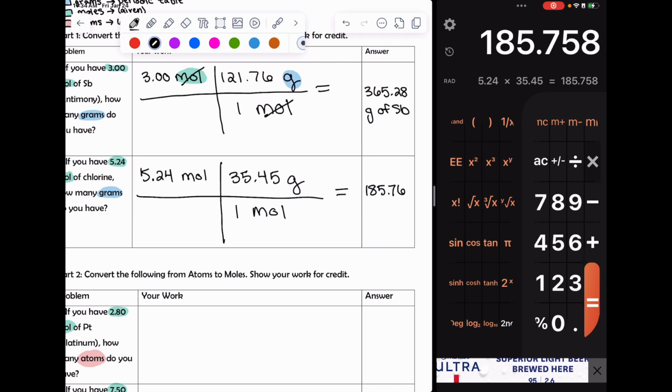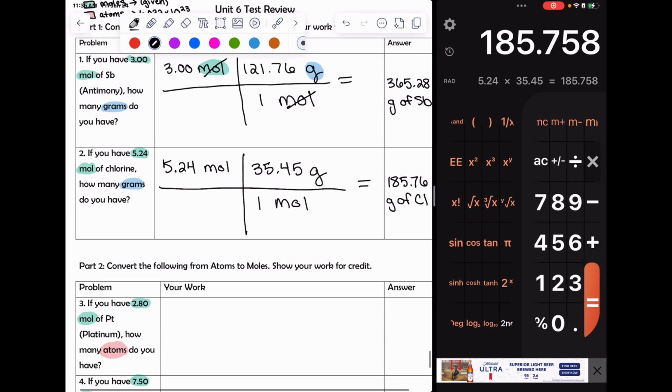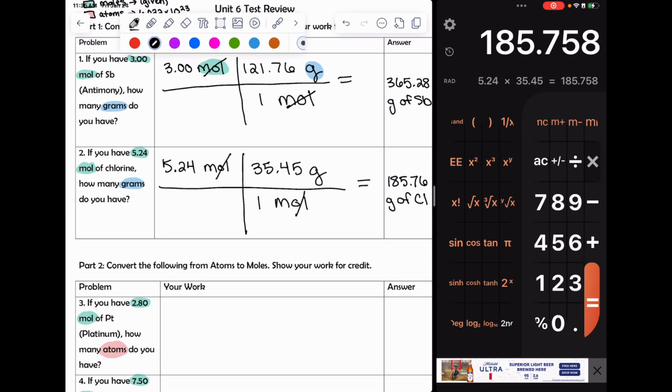Remember, round to 2 decimal places. Grams of chlorine. And there's our answer. I know it was grams because that's what we ended with, because moles on top, moles on the bottom cancel. We have these 2 numbers on top, multiply them, and you get your answer.